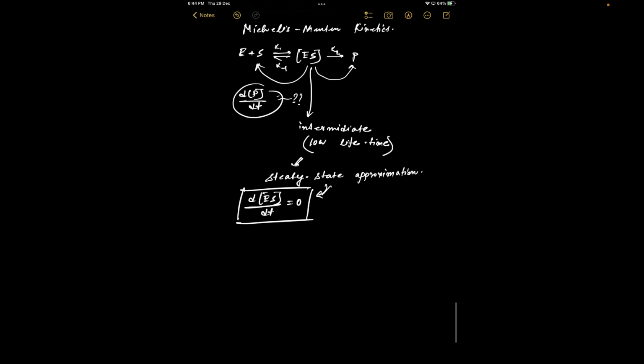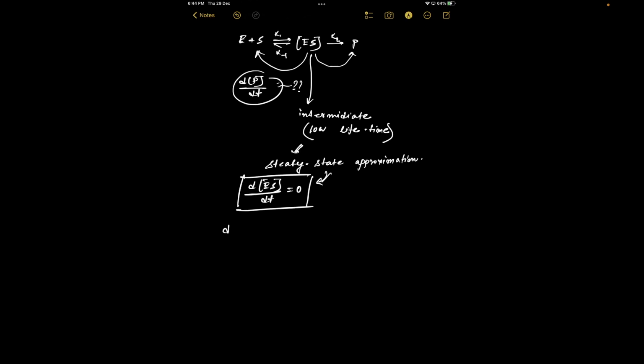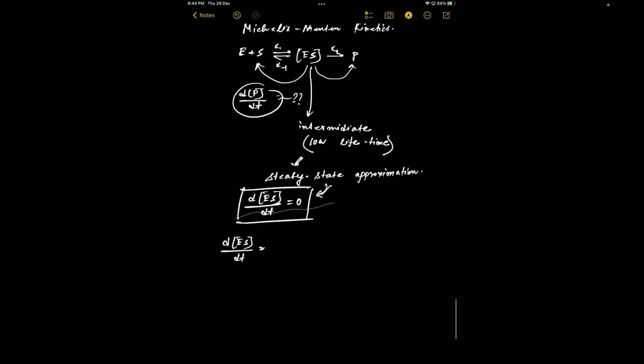Now let's find it out. d[ES]/dt will be equal to K1 times E times S, right? The enzyme substrate complex is forming from enzyme and substrate with rate constant K1. Then there is also a backward reaction here, where from the enzyme substrate complex, enzyme and substrate are forming.